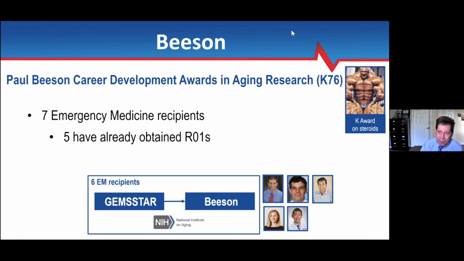They want you to apply for and receive a GemStar, and then in a few years, apply for and receive a Beeson. And these are folks that have done this in very different topics: in EMS-related evaluation, in UTIs and management of UTIs, in falls, in goals of care, in vitamin D supplementation.